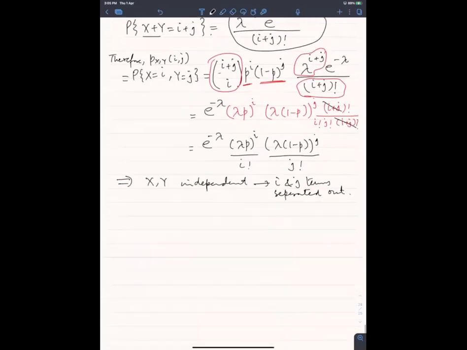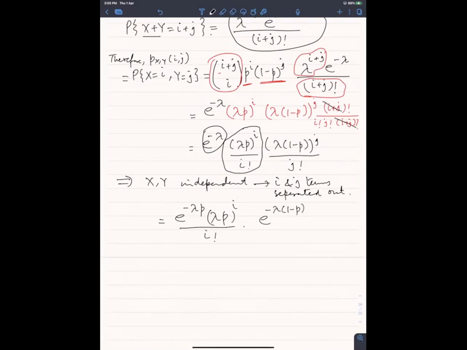To find that, let's take a look at this. It seems this looks somewhat like a Poisson, but to make it Poisson it should have had e to the minus lambda p with it. So let's do that, no problem. So e to the minus lambda p, (lambda p) to the power i over i factorial, we separate this one out. Okay, now we already had this e to the minus lambda here, so just to be fair, if I added e to the minus lambda p, then I also have to add e to the lambda p, e to the minus lambda (1 minus p).